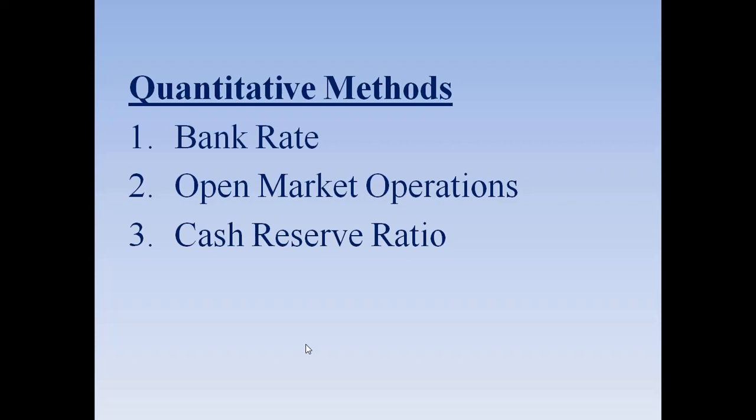Basically, the bank rates are the interest rates for the loans provided by the central bank to the commercial banks, and the rates fixed by the commercial banks actually depend on the bank rate, that is, the interest charged by the central bank.